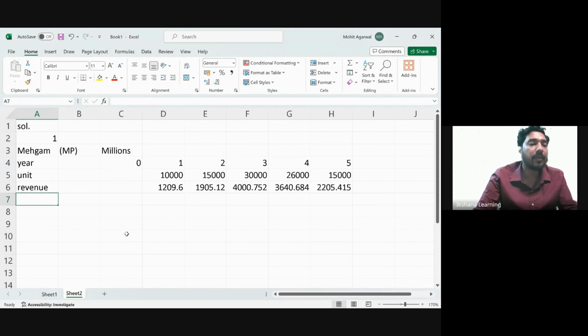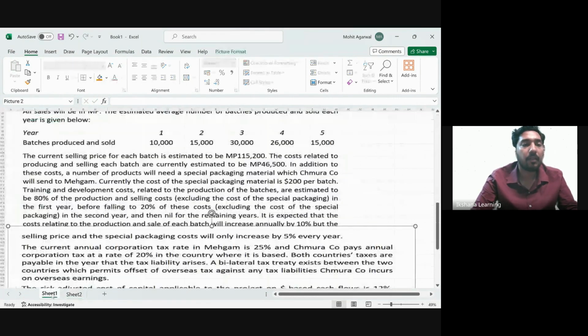After revenue, we have production cost, right? Let's see what the question is saying about production cost. The cost related to production and selling is 46,500. So that is also given. Is there an inflation rate on the production cost? They have given that production and sale of each bell increase annually by 10%. Okay, 10% increase.